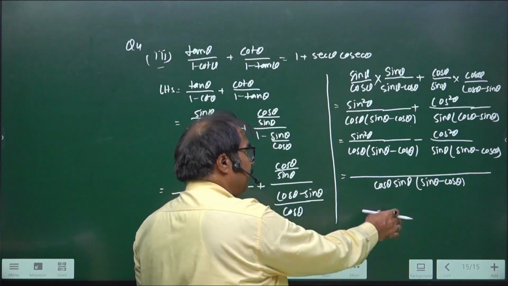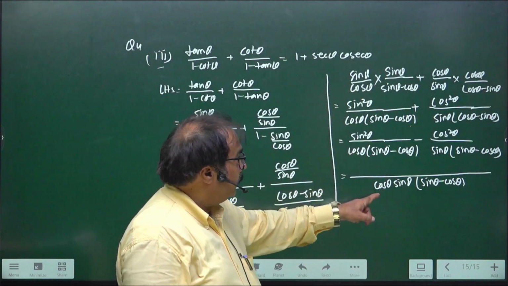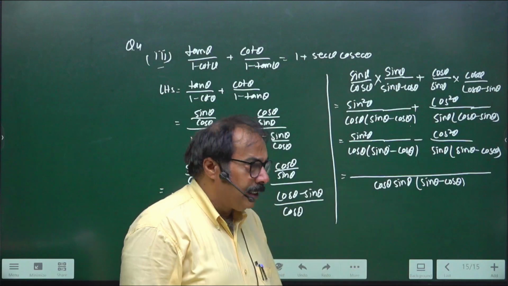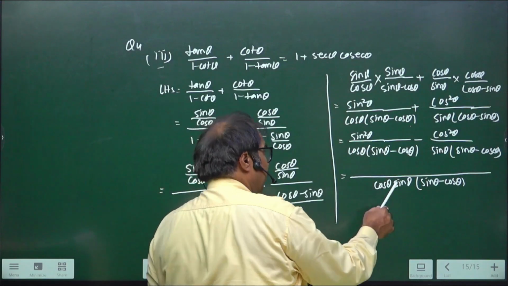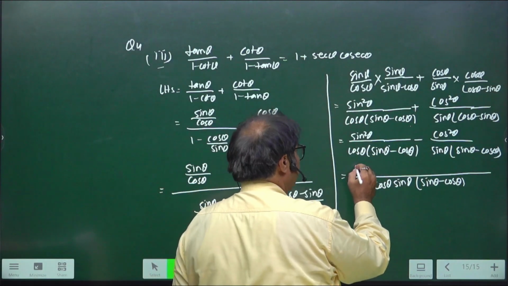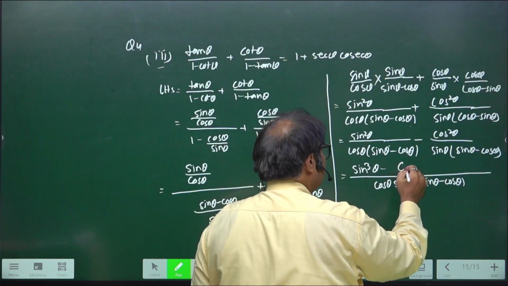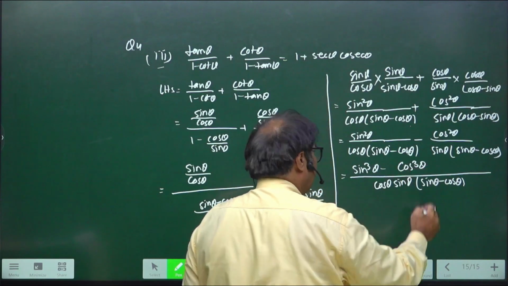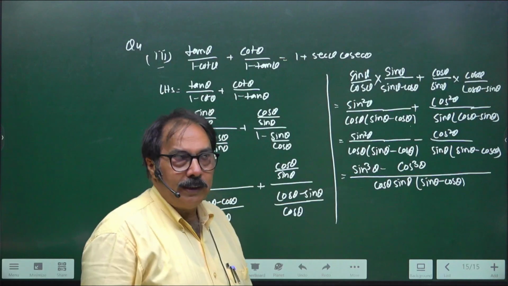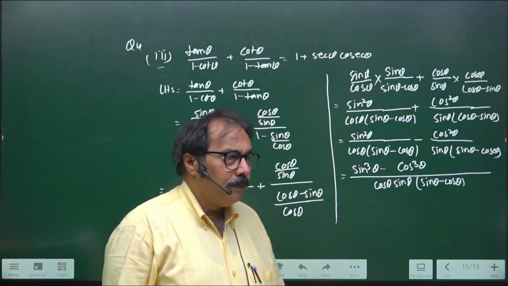Now LCM is divided by the denominator. So this cos theta and sin theta minus cos theta will cancel out. What is left? Sin theta is left. So multiply with the numerator. So it will be sin cube theta. Similarly, this is cos cube theta. And now apply the identity of a cube minus b cube.